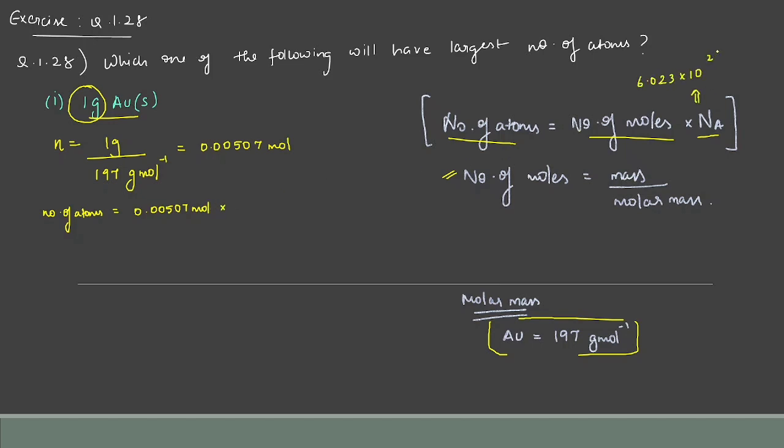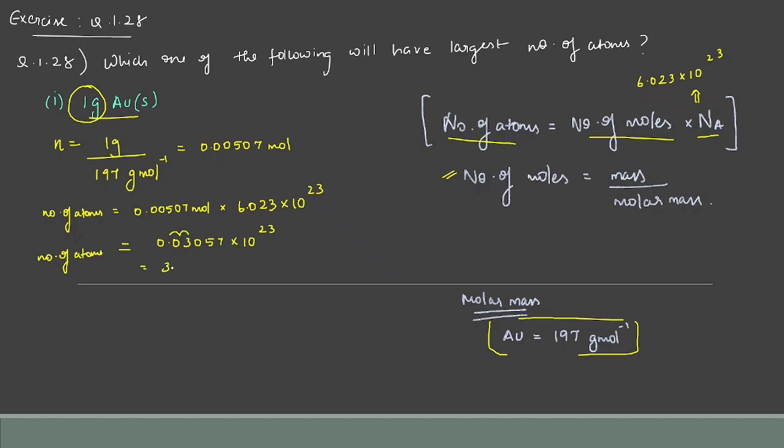So on multiplying, we'll get 0.03057 into 10 power 23 atoms. So this much of atoms are present in 1 gram of gold.